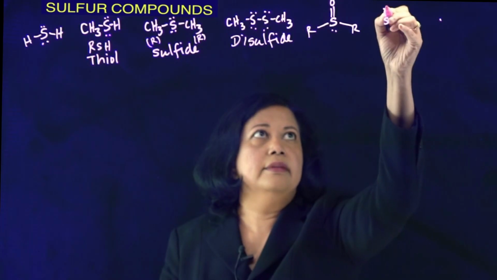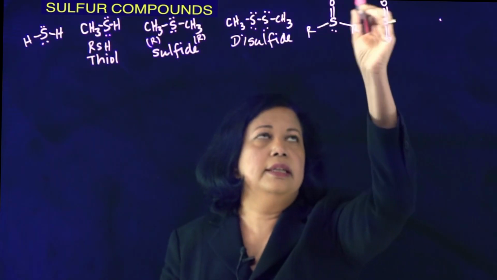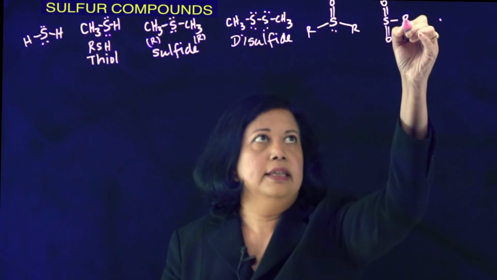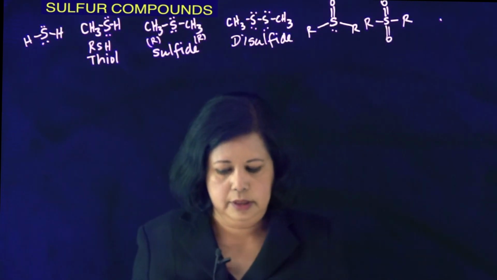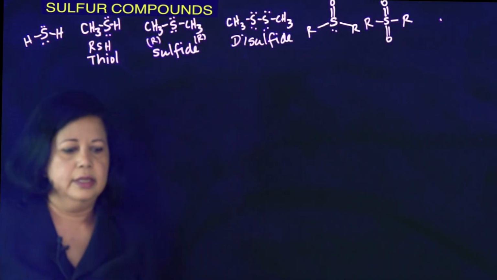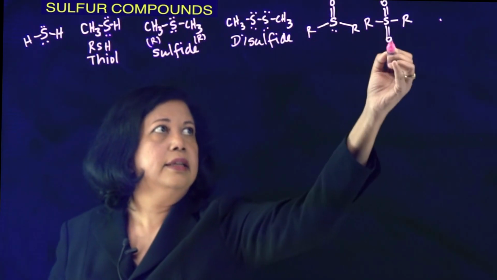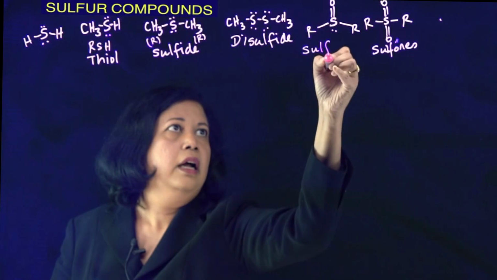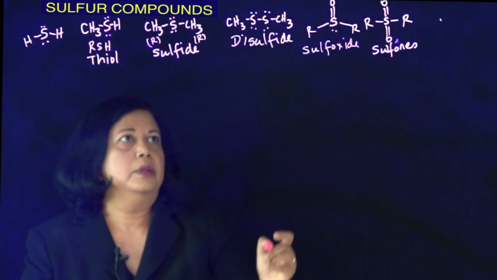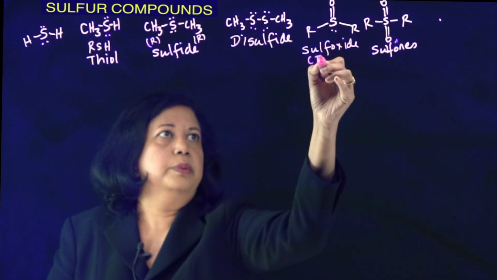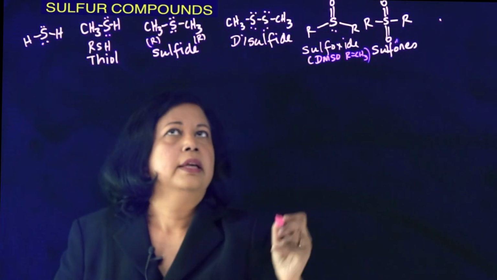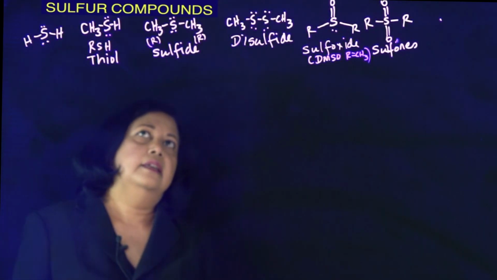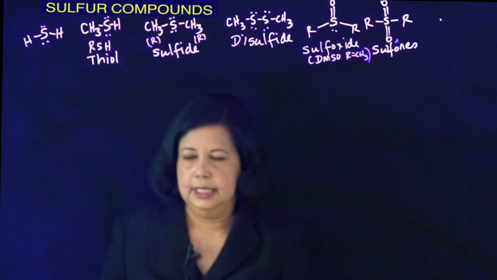And then we can take this and oxidize it, and you can put two oxygens there. So sulfoxides and sulfones, dimethyl sulfoxide. And the common one is DMSO, when the R groups are methyl. So those are some of the organic sulfur compounds.